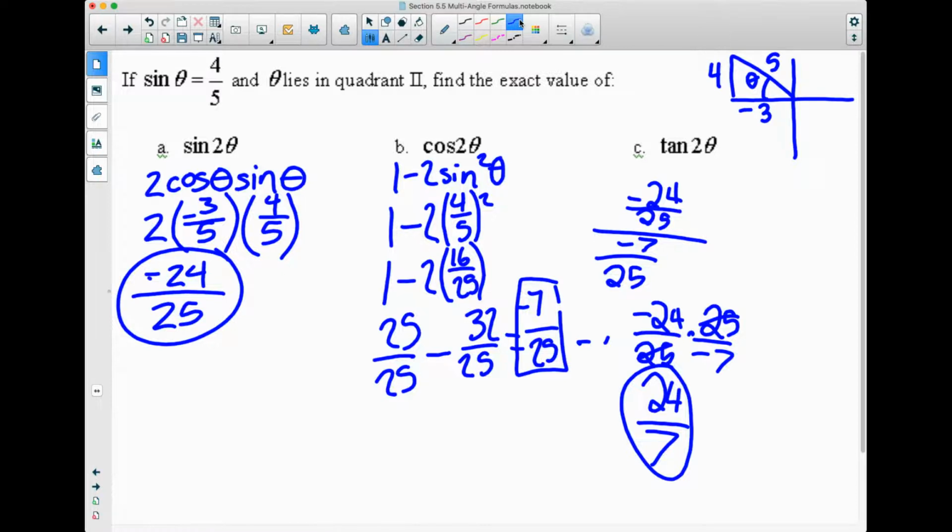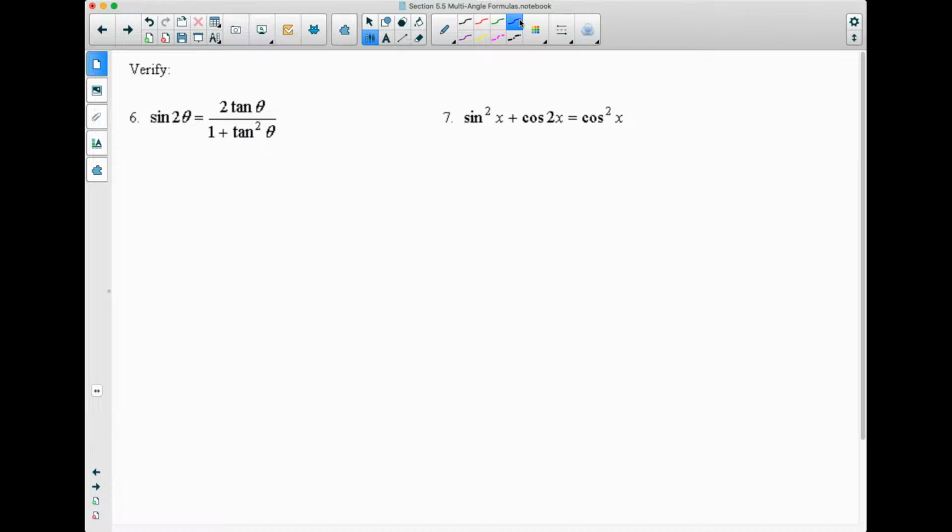All right. Guess who's back? We have more formulas now, which means we can do more identities, okay? Same thing. Once you manipulate one side, you cannot touch the other side.